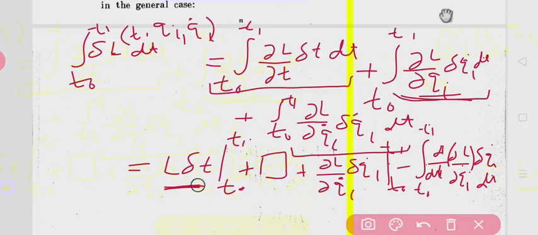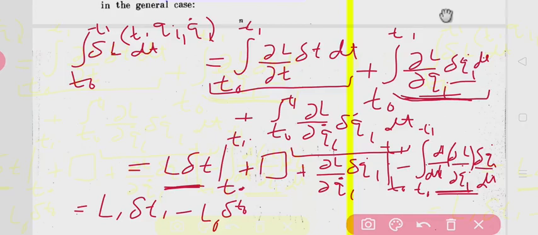The value of L delta t at t1 I denote by L1 and delta t1, minus L at t0, which is L0 and delta t0. Collecting the terms, delta qi is common, so that will be curl L over curl qi minus d by dt of curl L over curl qi dot. This term will be there, and the other term is left here.